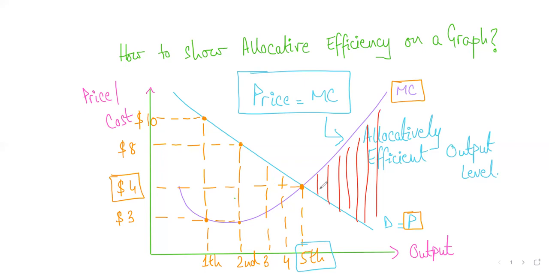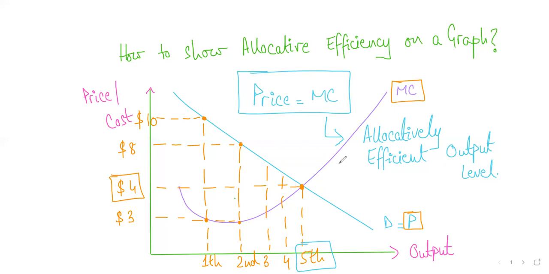Because the answer is very simple: after this point, marginal cost becomes higher than the price. So if consumers are not willing to pay even enough to compensate for the cost, why would you produce that? It doesn't make sense. Yes or no? If a bottle of juice costs you $10 to manufacture and you are selling it for, let's say, $8, you will be making a loss of $2.